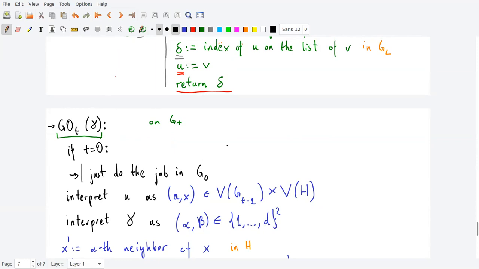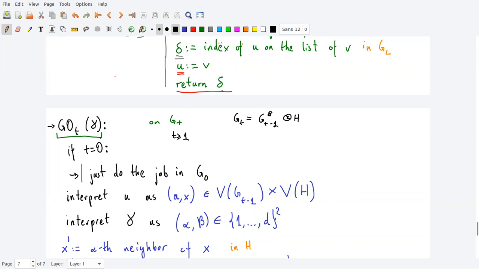Now what happens if I'm working with some graph GT for t at least 1? Recall what GT was. GT was defined as GT minus 1 to the power 8 zigzag H. Now we need to understand how to implement neighborhood lists in GT based on the neighborhood lists in GT minus 1.